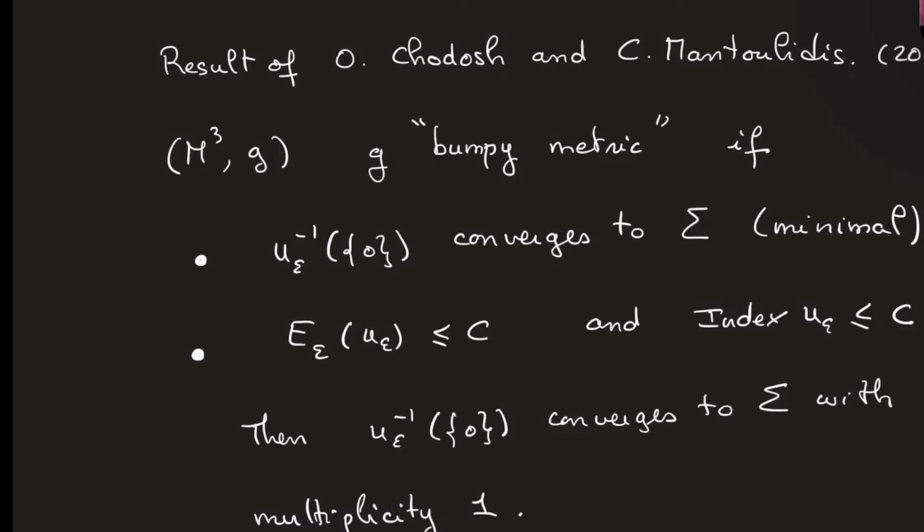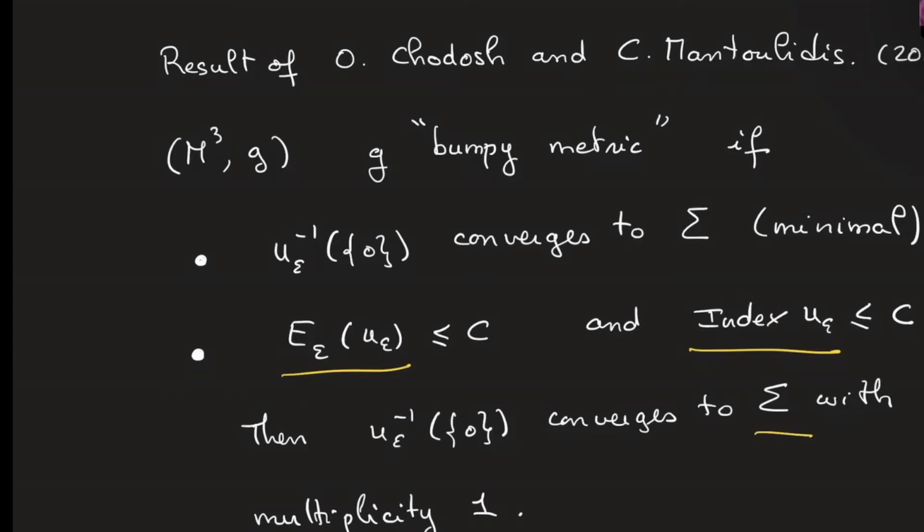So basically, this says that you're in a regime where you don't have to worry about the degeneracy of your minimal surface. Then what they proved is that if you have control on the energy of your solutions as epsilon tends to 0, and a control on the index of your solution, then in fact you have a very nice convergence of the 0 set of your critical point, so solution of the Allen-Cahn equation, and it converges to Sigma with multiplicity 1.